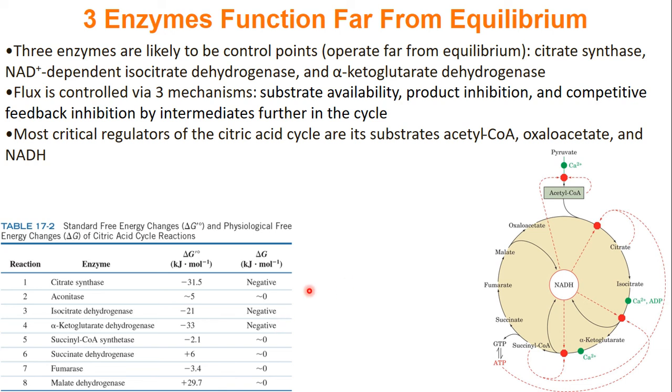And flux is really controlled by three mechanisms: how much substrate is available, inhibiting the enzyme with its own products, and feedback inhibition from intermediates further down in the cycle. Our big regulators here are going to be acetyl-CoA, oxaloacetate, and NADH.